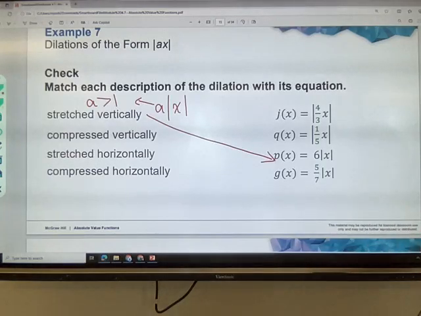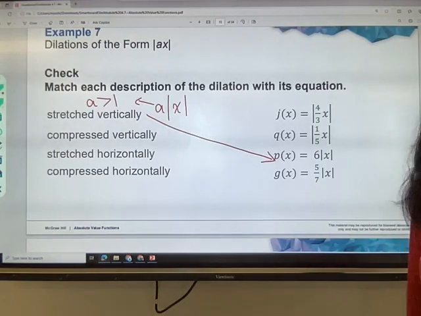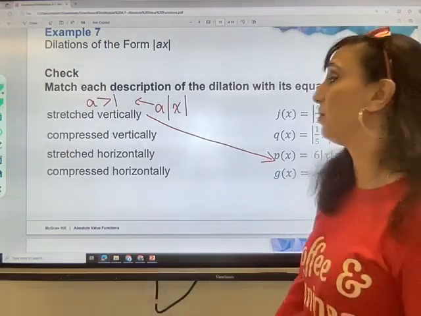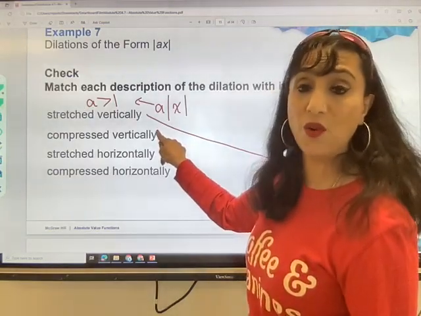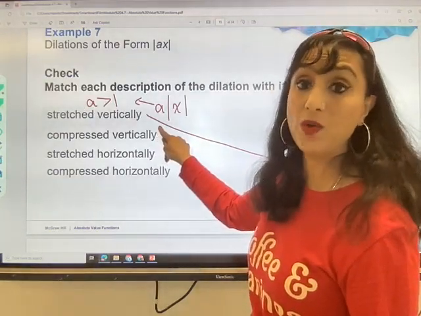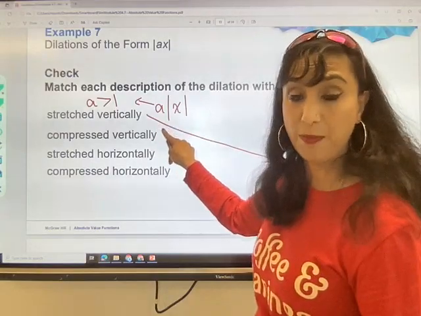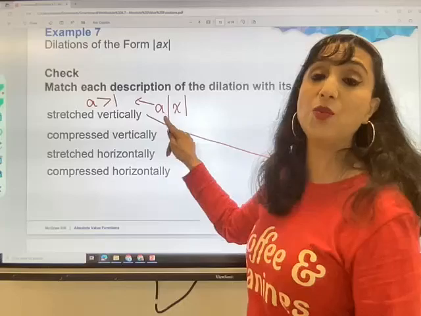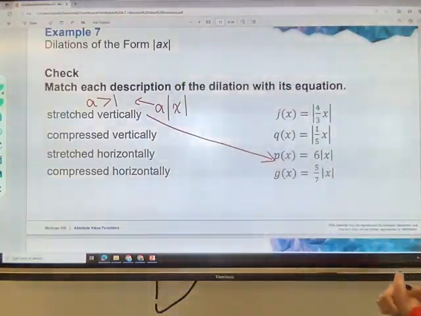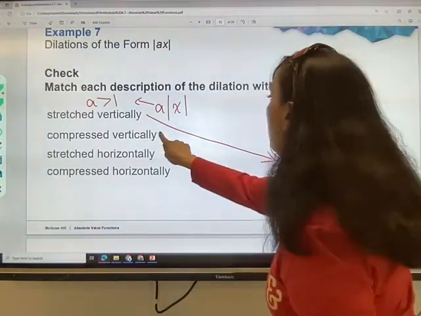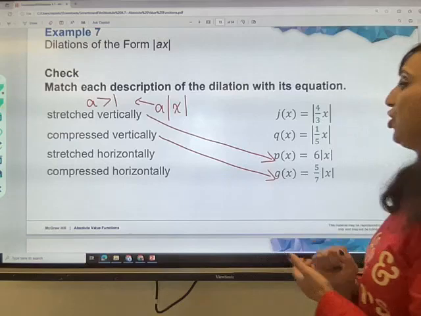And if I'm talking about compressed vertically, it has to be where a is greater than 0 but less than 1. So it has to be a fractional part multiplied with the absolute value of x. So this is the one where it is compressed vertically.